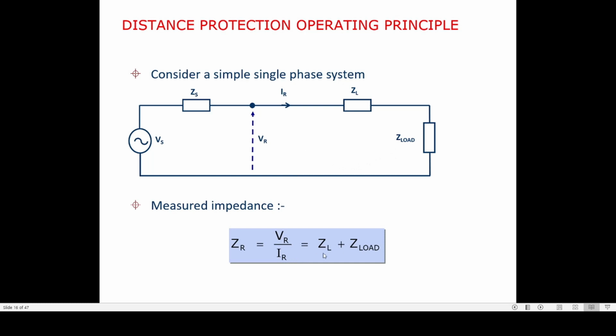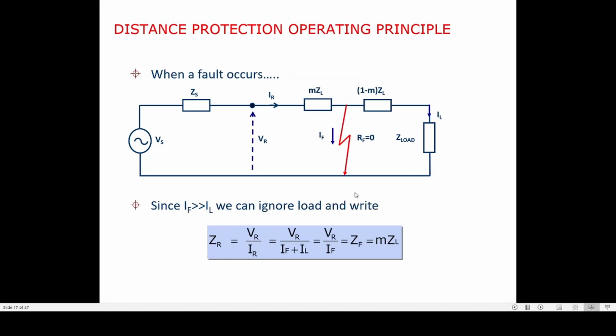That means VR divided by IR is ZL plus Z load. So if you are using a distance protection relay at this point, and you feed this relay with the measured voltage and measured current, then with the ratio of those two values it can calculate the impedance up to this endpoint.